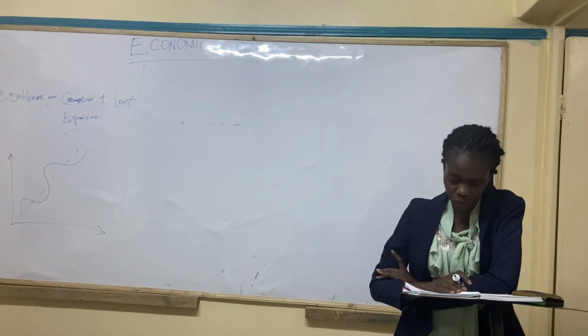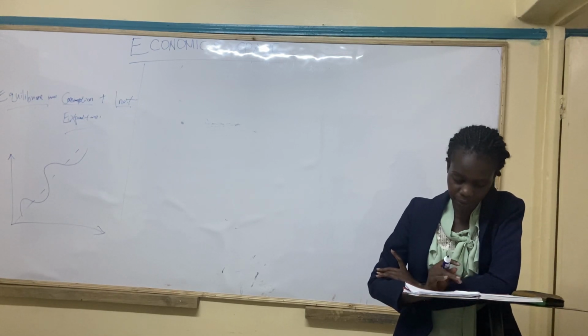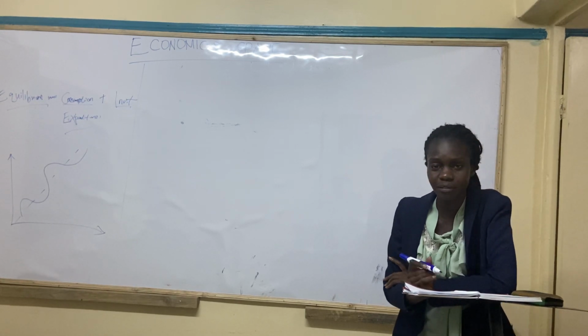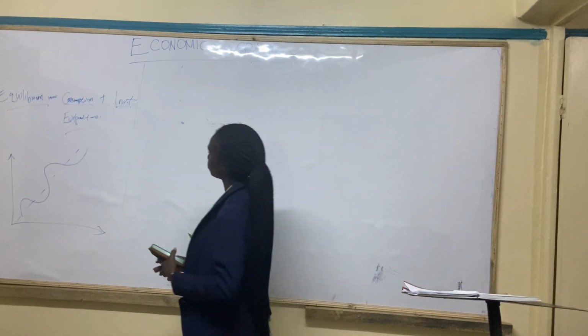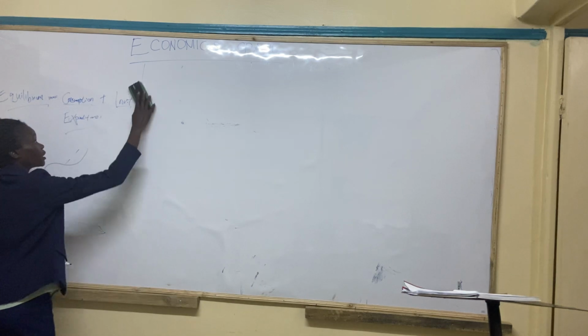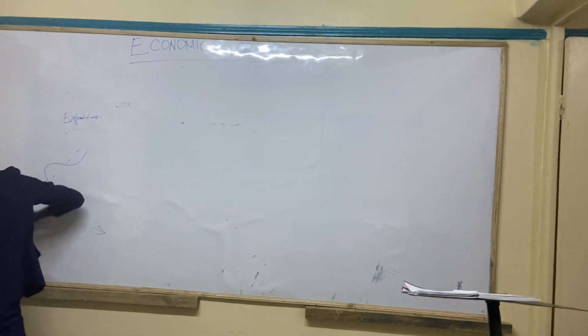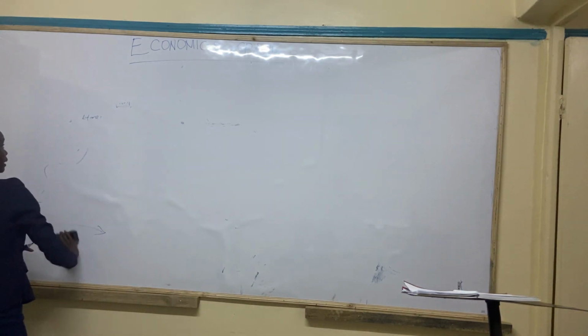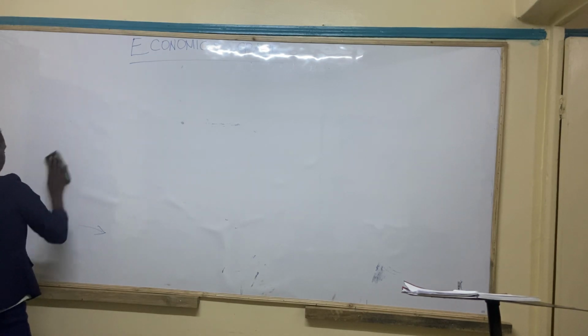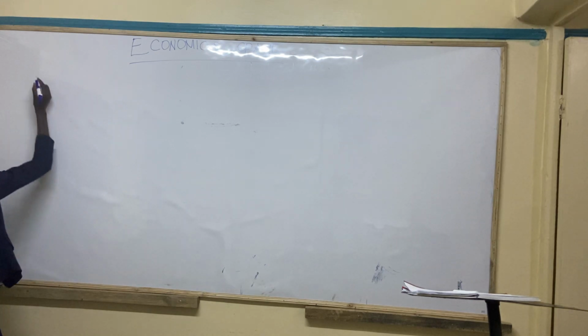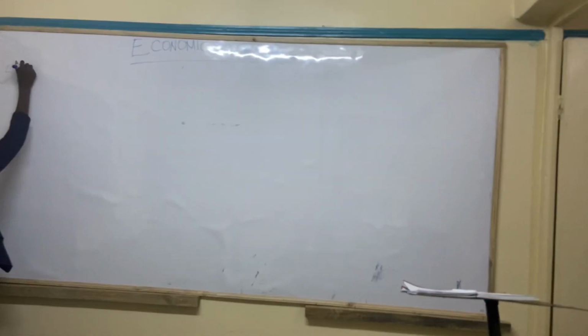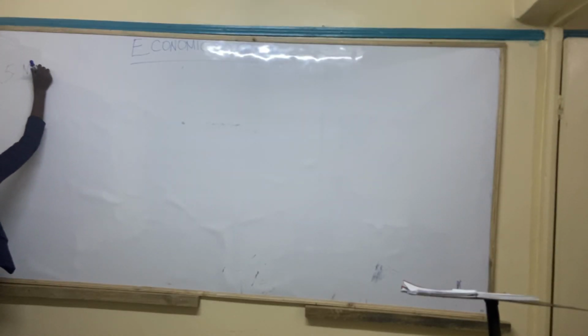We are done with topic number 4, national income. We are in topic number 5, money and banking.